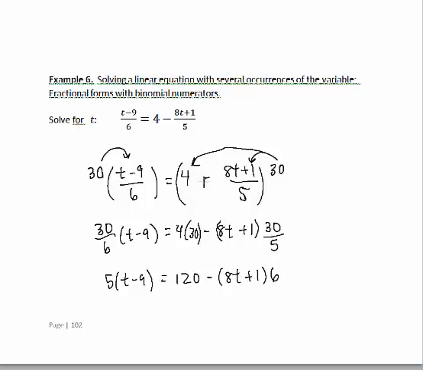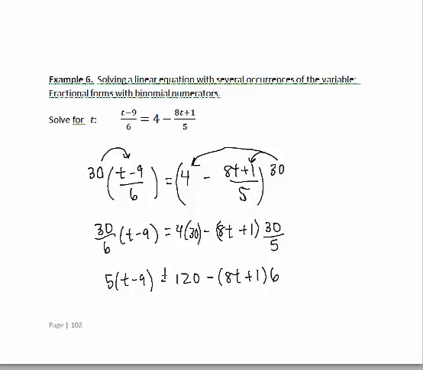And also notice this subtraction sign was written level with the fraction bar. That means that this is a subtraction symbol. This subtraction needs to be distributed to the 8t and the 1. So I wrote it this way, outside a set of parentheses around the 8t plus 1.